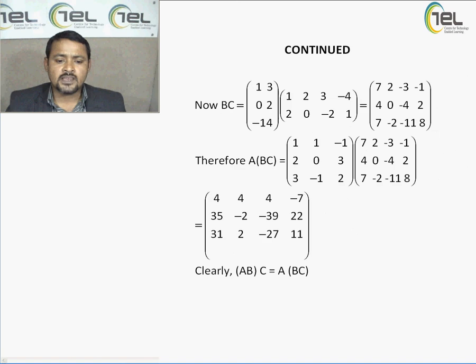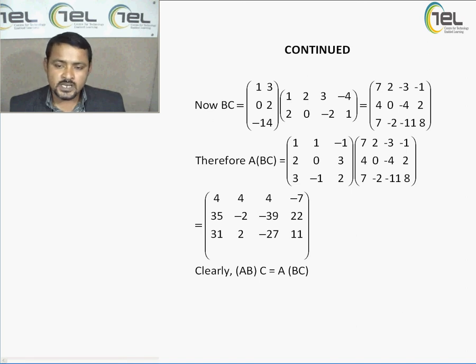We have to find BC first. We multiply matrix B with matrix C, which is first row with all the 4 columns, second row with all the 4 columns, third row with all the 4 columns. We get BC. Now we multiply A with BC.